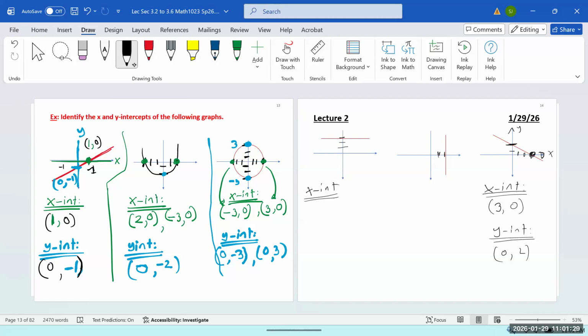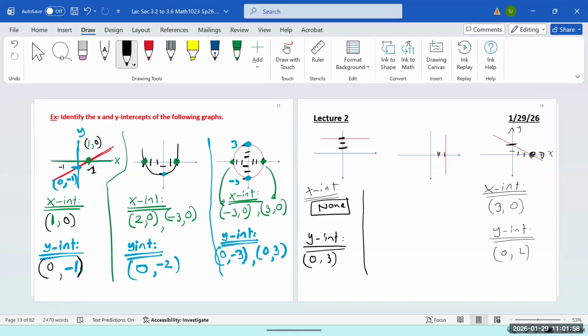It's not crossing the x-axis, so we cannot have any x-intercept. So we do not say 0, we say none. None means there is no x-intercept. Now, how about the y-intercept? 0, 3. So we are going through the y value 3. So we do have a y-intercept because we are crossing the y-axis, but there's no x-intercept.